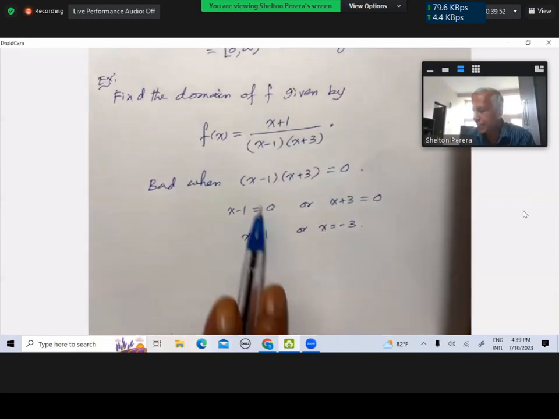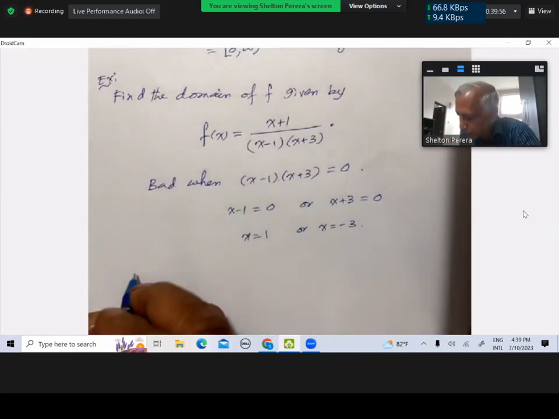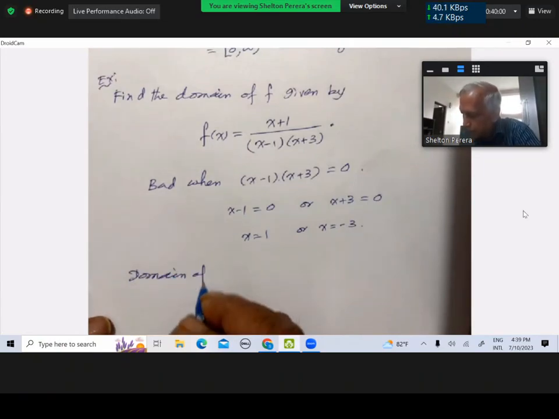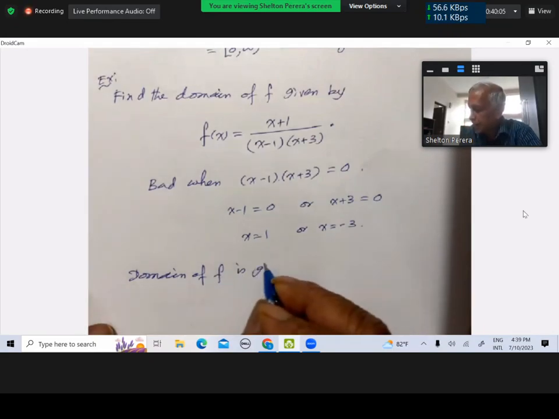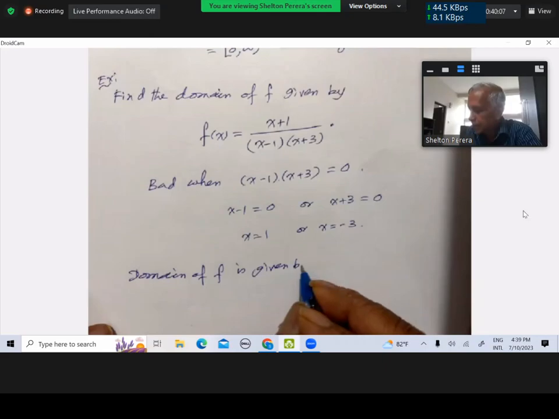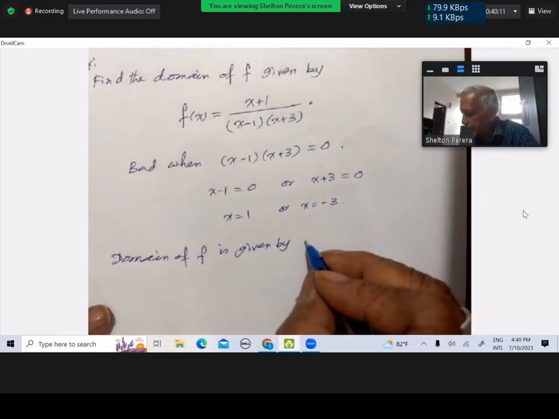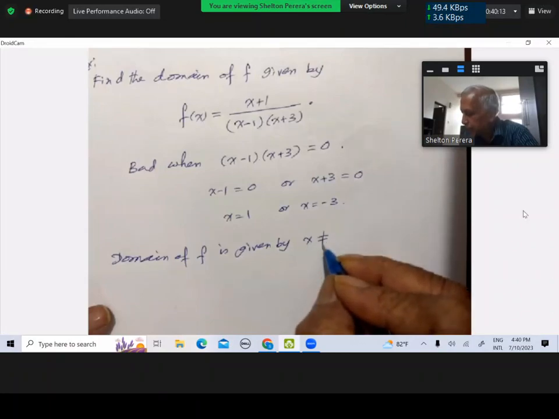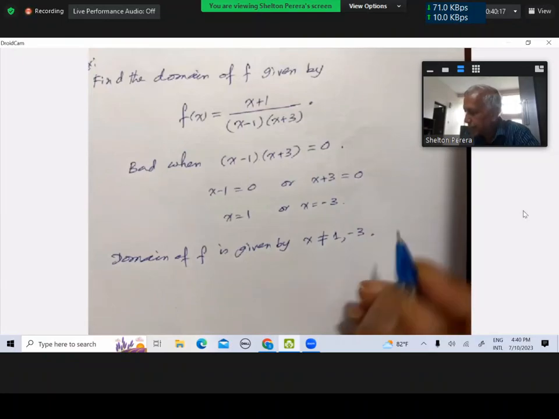The rule makes sense except for these values. Therefore, the domain of f is given by x not equal to 1, minus 3.